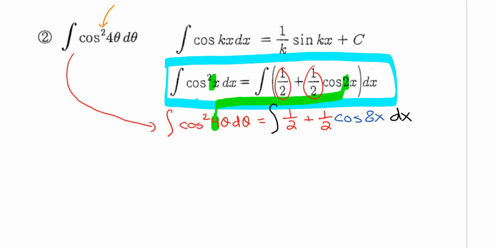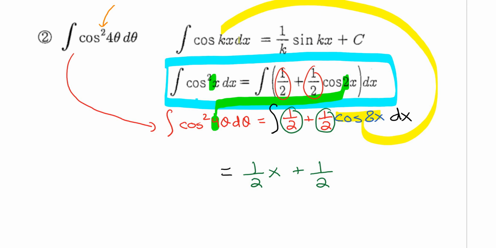Okay, so now that we've written the double angle identity in a different way, we can find its antiderivative. What's the antiderivative of a constant, which is 1/2? That's going to be 1/2 times x plus, here's another constant, so we'll move that in front. And then I have this cos 8x, and I can use this identity right there. This time my k value is 8.